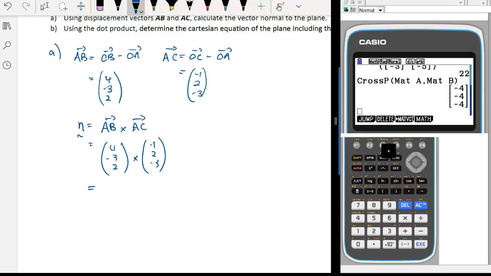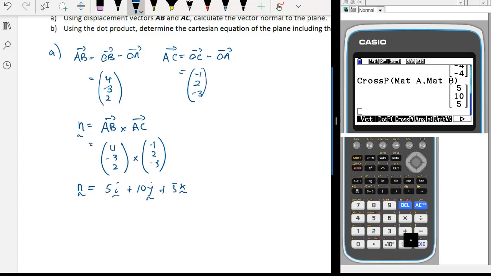And so now I can say options, matrices, vectors, cross product, and I've got matrix A, comma, matrix B. And so my normal, my vector normal, is 5i and 10j and 5k.